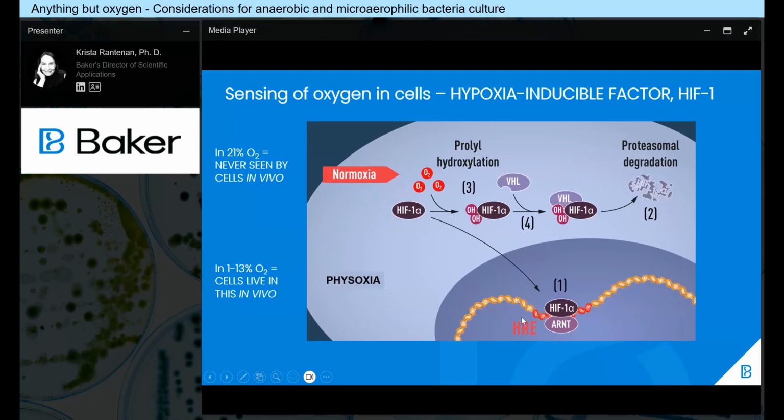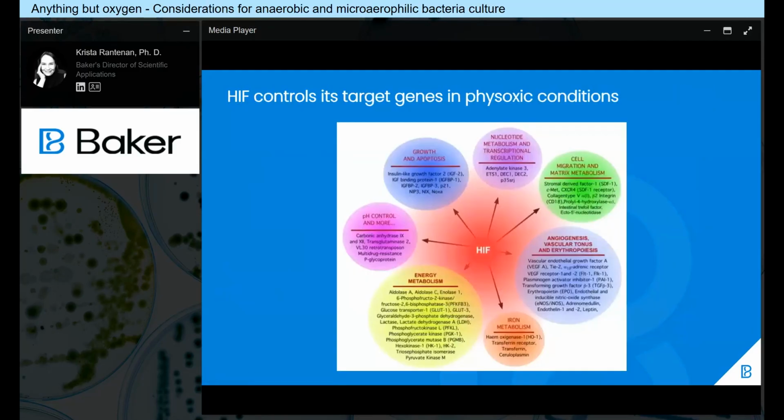So, taken together, in high oxygen, which is the ambient oxygen that we breathe, HIF doesn't exist. Say in the lumen of the gut where the microbes work, HIF does get expressed, okay? And it makes a huge difference.